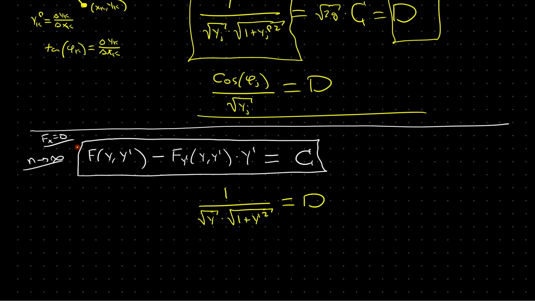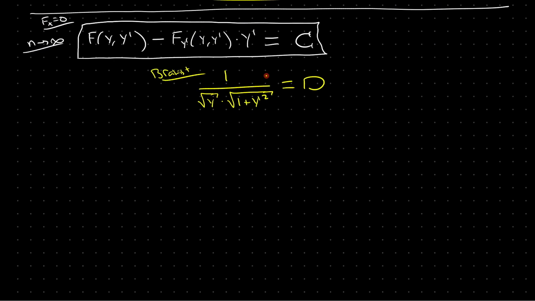If you plug in for f and fy prime, this is exactly what you get for the Brachistochrone problem. This is a very special first order differential equation. It turns out that this is the differential equation of a curve known as a cycloid.